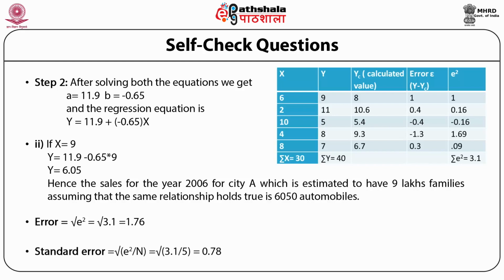that is 0.78. To summarize this model, we can say that through correlation we establish the degree of relationship between the two variables, whereas through regression analysis we try to establish a cause and effect relationship between the variables.